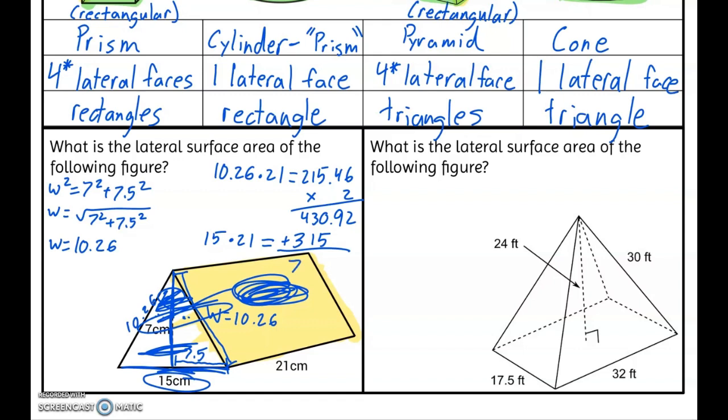So we add these together and we get 745.92. So the total lateral surface area equals 745.92 centimeters squared. Okay, so that's how we're going to work that first problem.